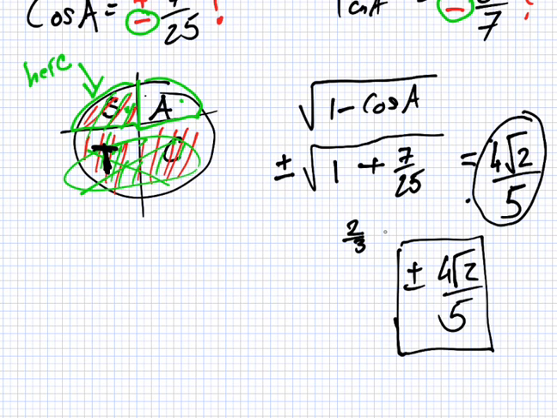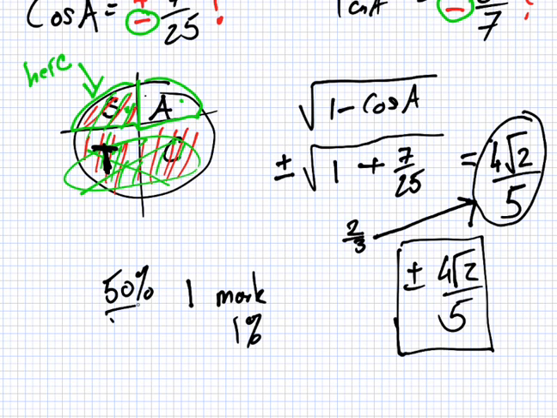Now you might say that's not fair, and you're right, it's not. In my experience, I'd say about 50% of the exams would have one mistake in it, which would cost you 1 mark, or 1%, but only half the time. And besides, if anybody's grade was affected by this, I would say something and make sure they get full marks.